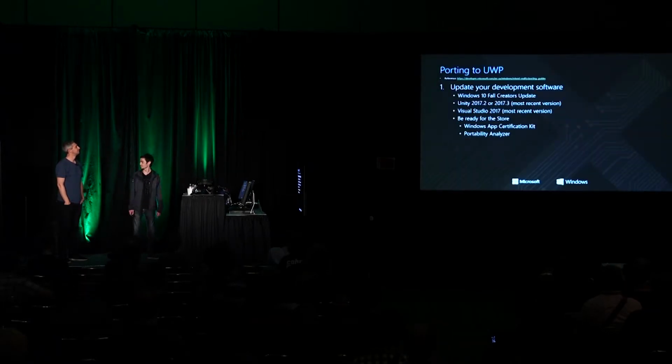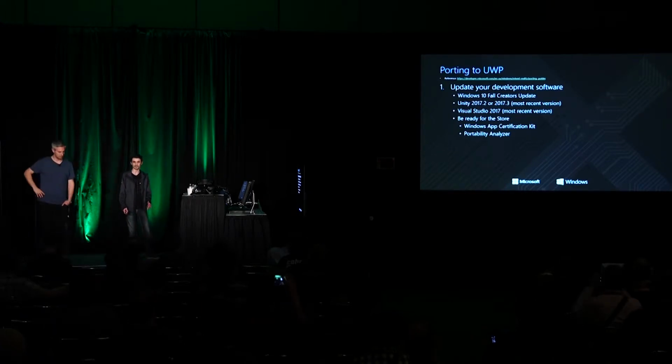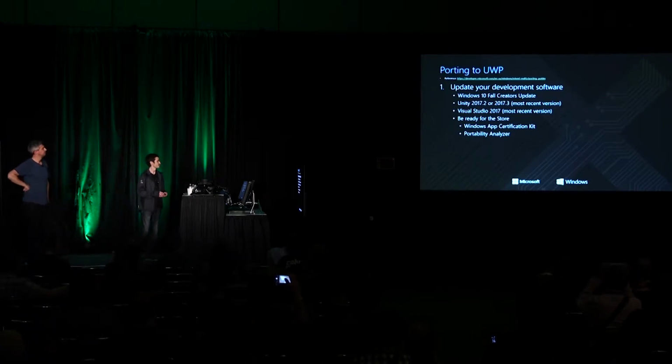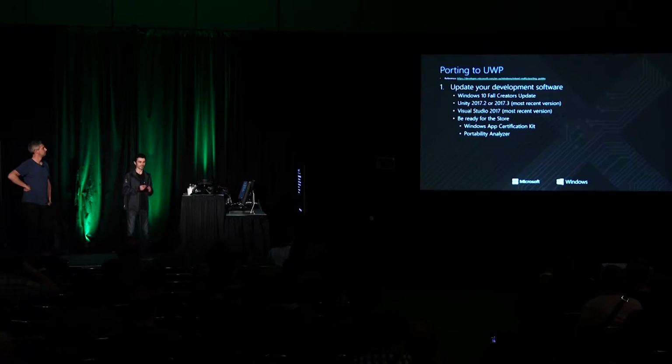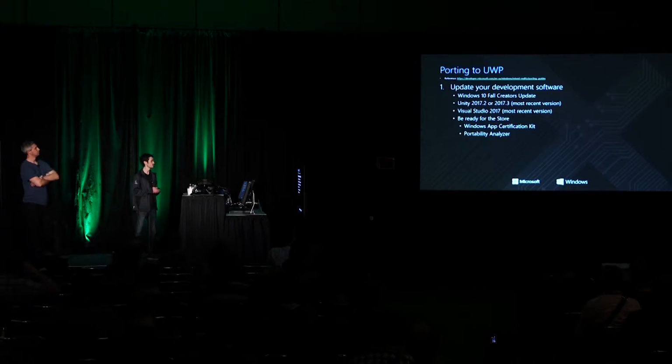Great. So you know how to create a new project really quickly and really easily and make it work with Windows Mixed Reality. Let's talk about actually porting your existing project to UWP, which has a few more steps, a little bit of more work that you'll probably have to do because you have more detail.